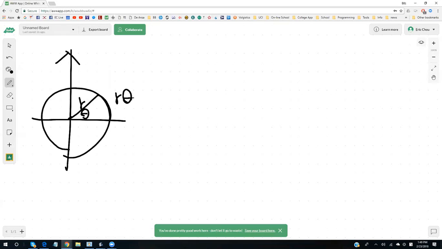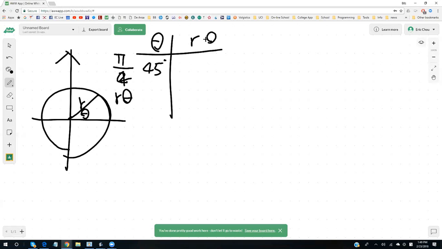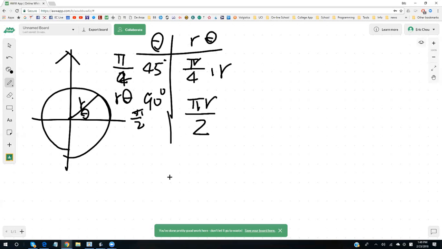When theta equals 45 degrees or 1/4 pi, then my r theta will be 1/4 pi times r. 90 degrees, that would be half pi, so pi over 2 times r, pi r over 2, right?